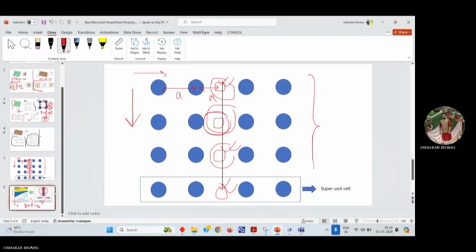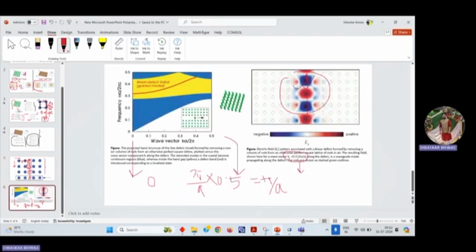So the band diagram will look like this. You can see the blue shaded region, this is the surface state, and this yellow part is the band gap.